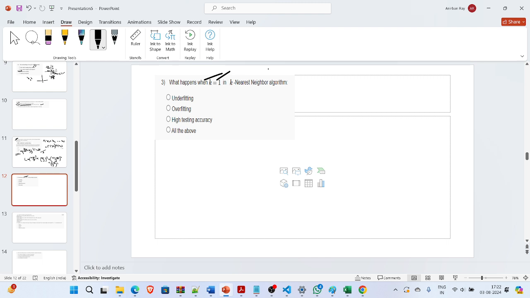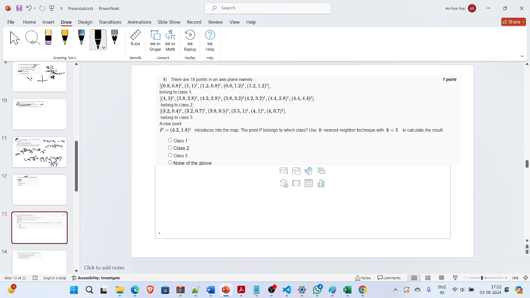So when our model is biased, we are underfitting. That is from the bias-variance trade-off theory. So underfitting is the answer.